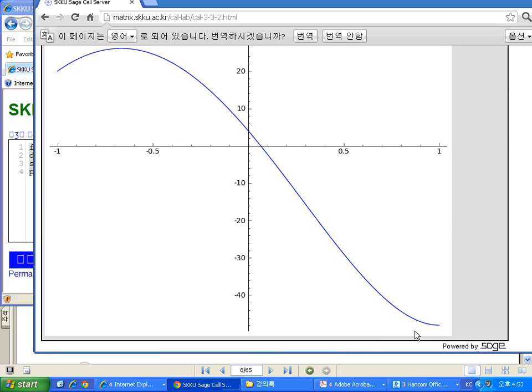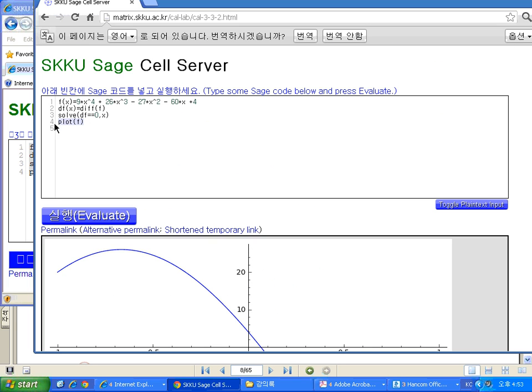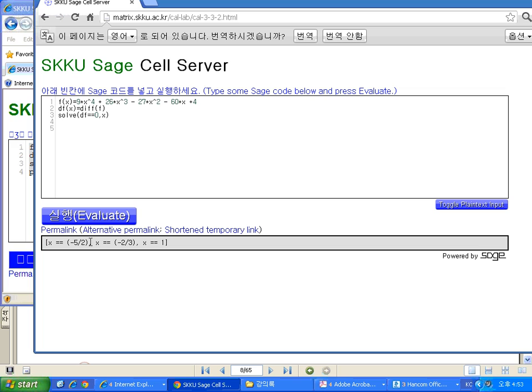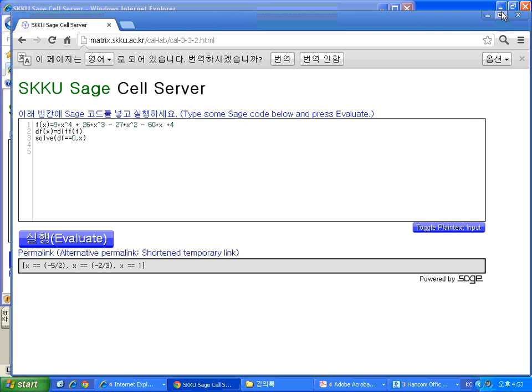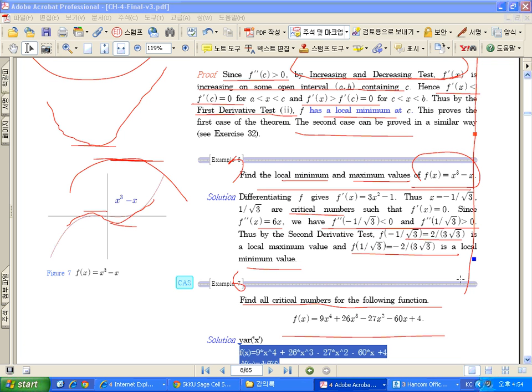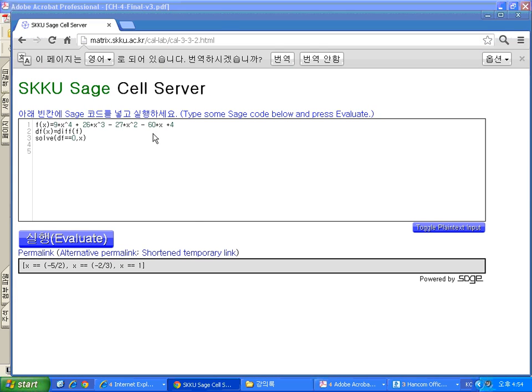We can also find the critical points, and we can draw the graph to evaluate the value at that point to figure out the local maximum and minimums we did. And for functions like this, let's draw the graph of this one to check whether our observation was right or not. Okay, x cubed minus x here.